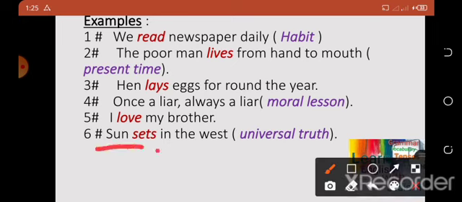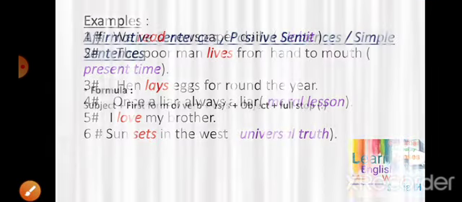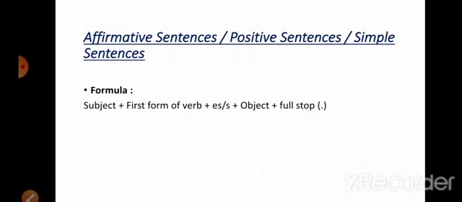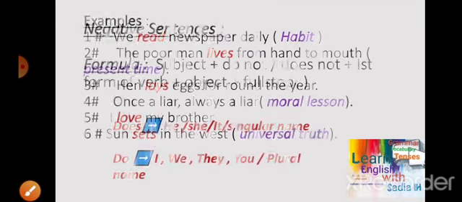Sun is singular, so you have to add s with the verb. This verb is not ending with ch, sh, double s like this. It's ending with t, so we just add the s with this verb.